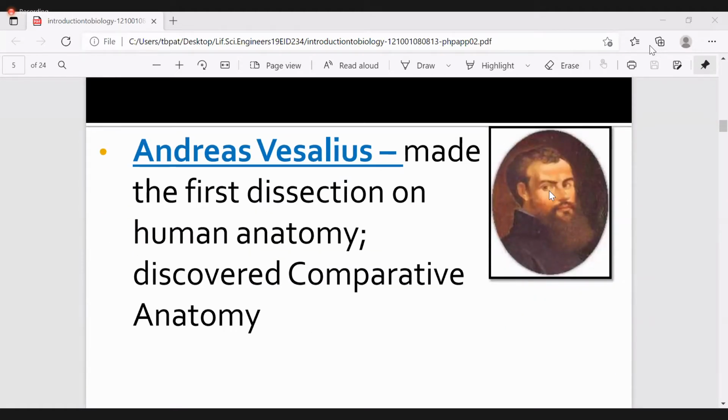Next, Andreas Vesalius made the first dissertation on human anatomy. Of course, he discovered comparative anatomy. The anatomy is compared across the digestive, the respiratory, and circulatory systems.